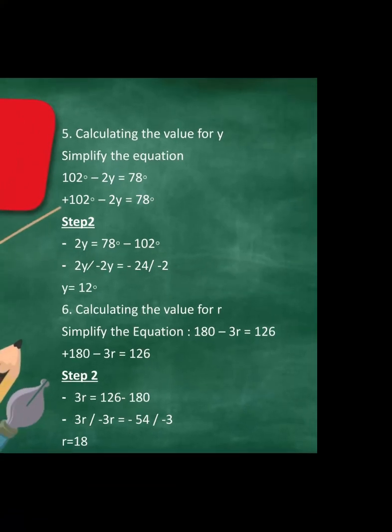So to verify if our answers are correct, you need to say 102 minus 12. It must give you 78. If it doesn't give you 78, then the answer is not correct.